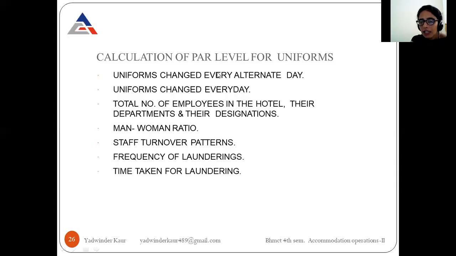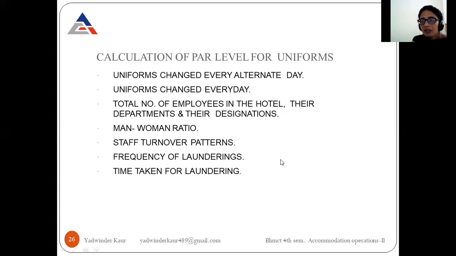Then the calculation of par level of uniforms. Uniforms changed every alternate day, or uniforms changed every day. Then total number of employees in the hotel, their departments and designations, man-woman ratio, staff turnover patterns, frequency of laundering, time taken for laundry.